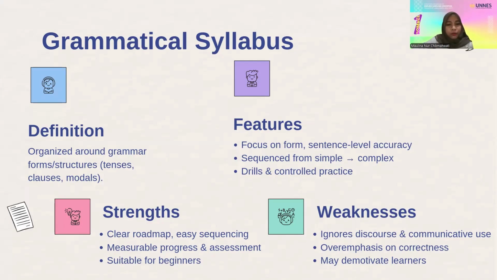It can also overemphasize correctness, and that can lead to demotivating learners, because the sequence is from simple to complex. When it gets more complex, students can get demotivated. We can't ignore that weakness. All right, so we're done with grammatical syllabus.